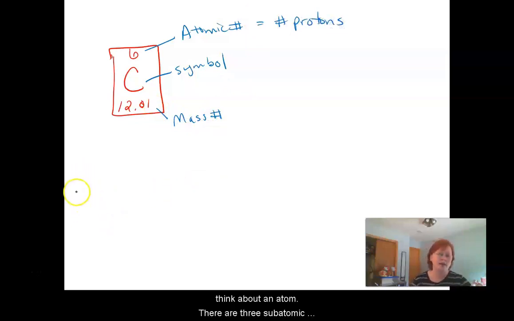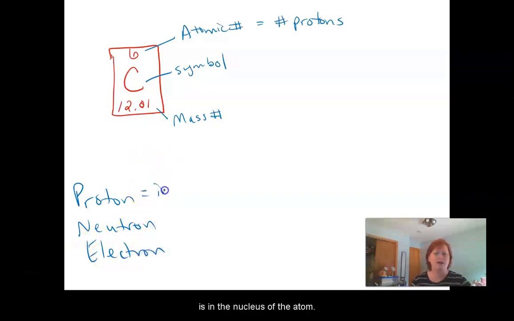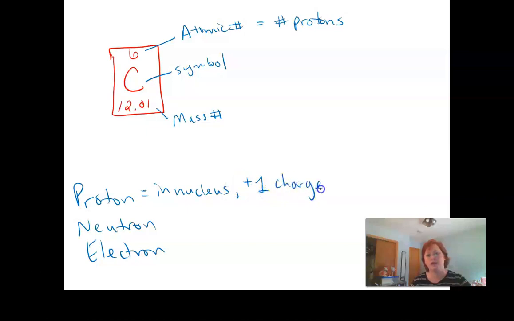So if we think about an atom, there are 3 subatomic particles. We've got protons, neutrons, and electrons. Protons are in the nucleus of the atom. They have a +1 charge, and they have a mass of 1 atomic mass unit, so they weigh 1.